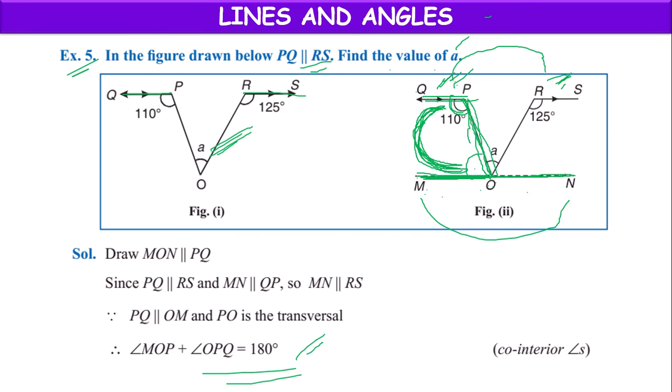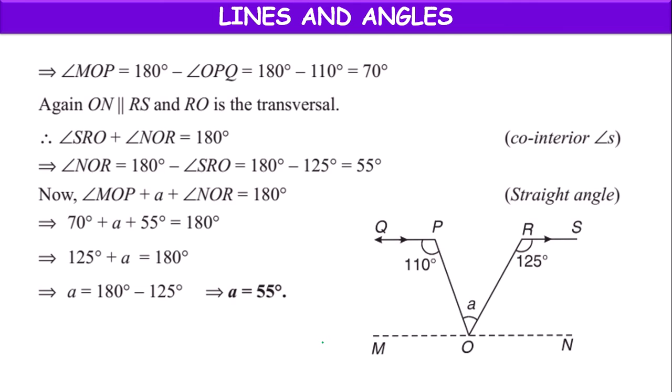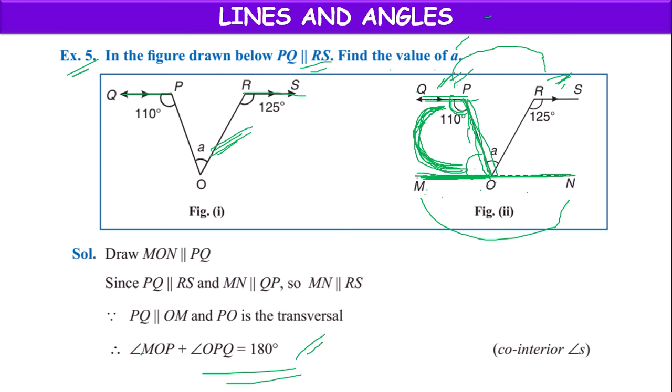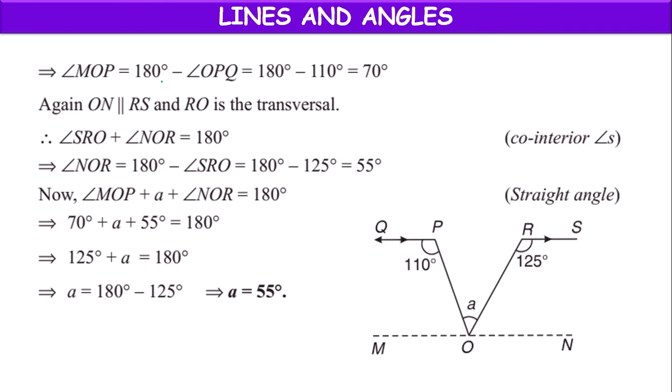MOP, whose value we don't know, will be equal to 180 minus OPQ, but OPQ they have given as 110 degrees. 180 minus 110 degrees is equal to 70 degrees. So we have got this angle as 70 degrees.